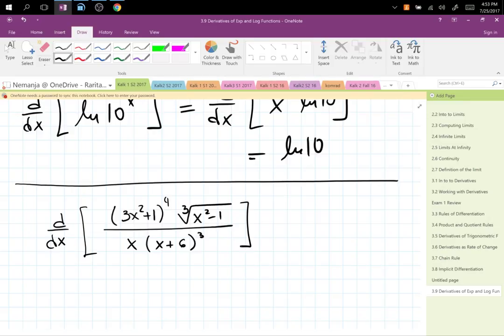Well, those little chain rules you'll have to do, but you can just write out the answer right from there and technically skip the whole page of work that goes in between.